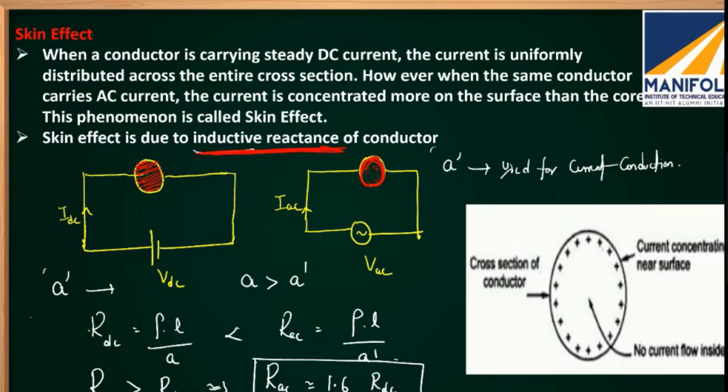For DC currents, there is no inductance phenomenon. How and why, we will discuss in the next class in detail: what is that inductance parameter, why it only comes for alternating currents, and why it is absent for DC currents.